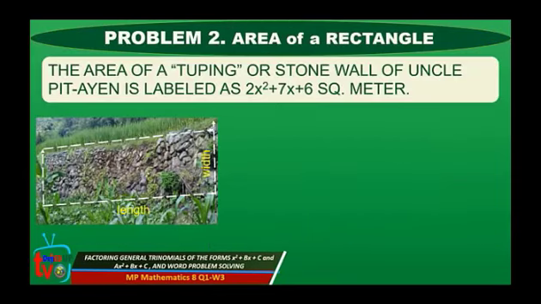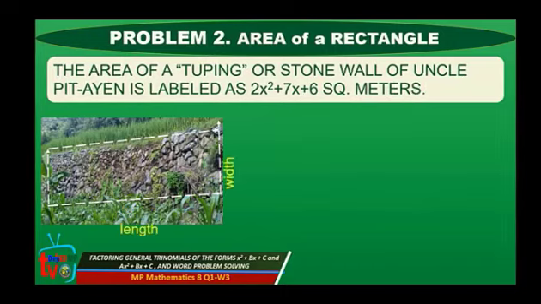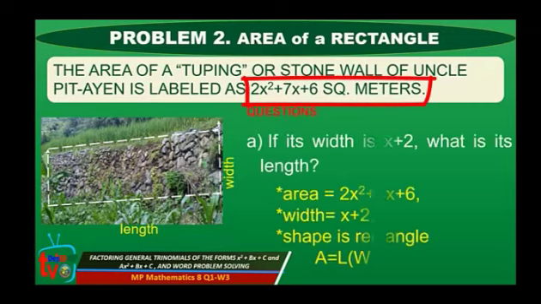The area of a stone wall of Uncle Pitayan's rice field is labeled as 2x squared plus 7x plus 6 square meters. The question is, if its width is represented by x plus 2, what is its length?